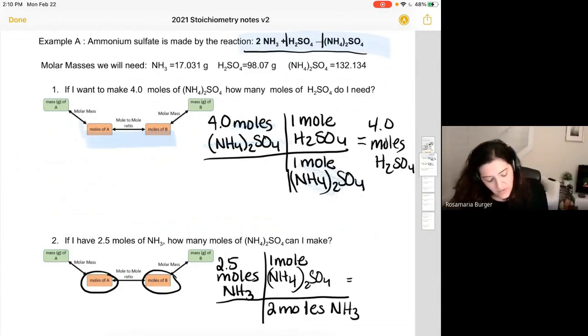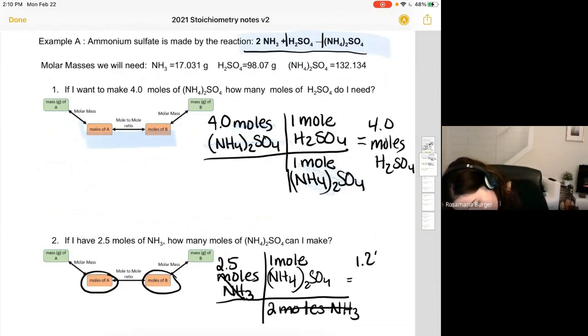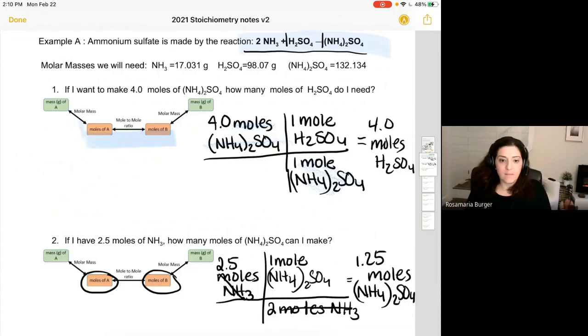So I have to do 2.5 moles of ammonia and divide it by 2. So it's going to get me 1.25 moles of (NH4)2SO4. Okay, that was just a mole to mole conversion.